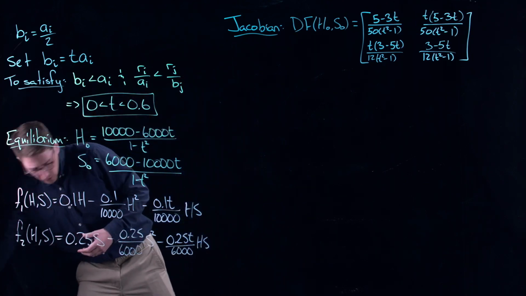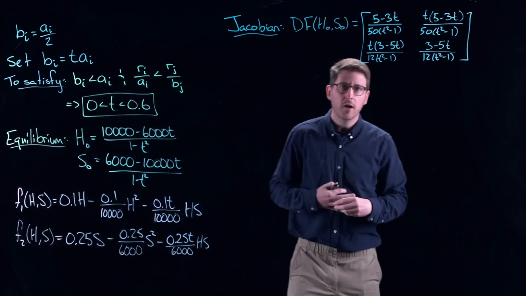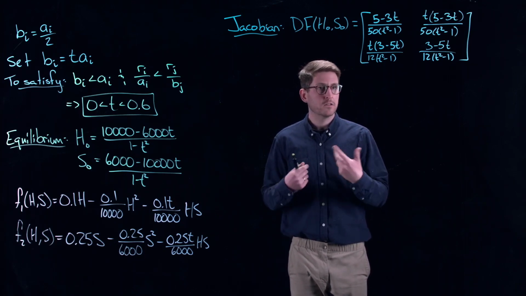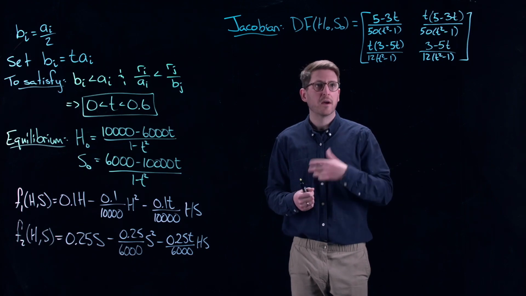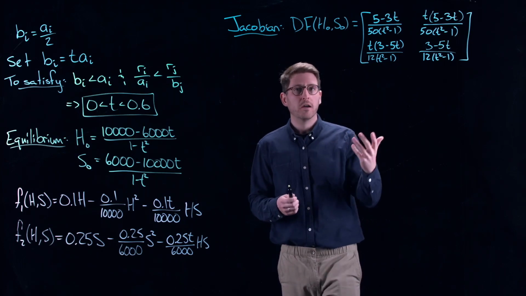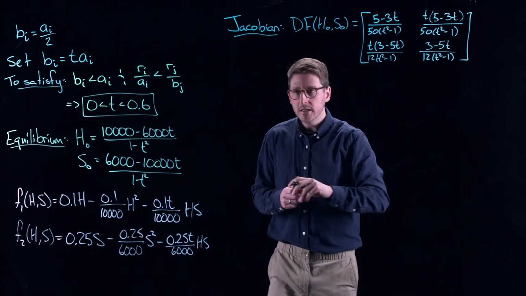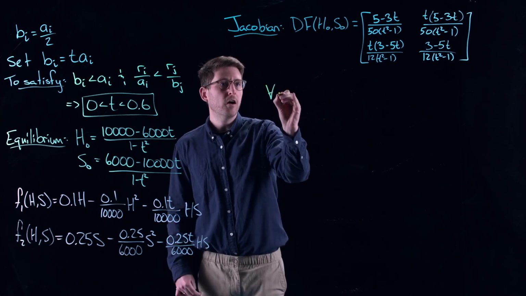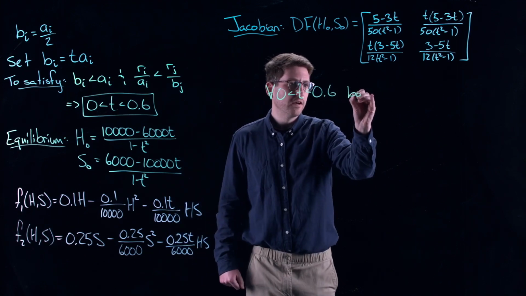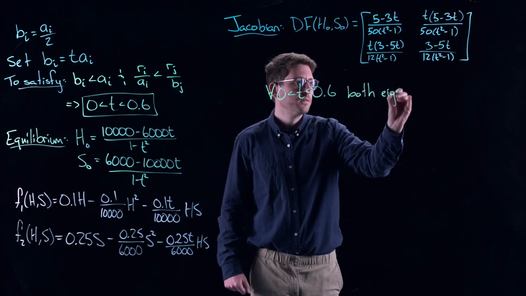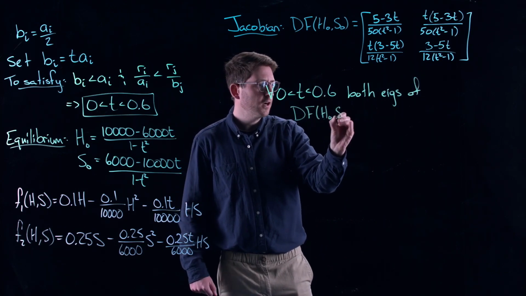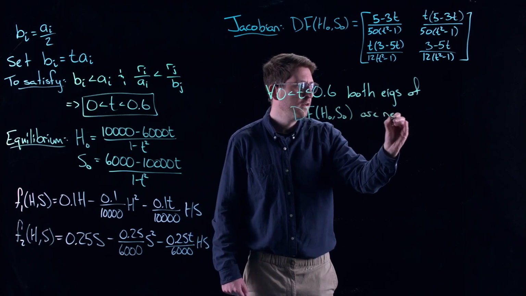But it's nothing too hard. This is nothing beyond the computational power of really simple to use products like Maple, Mathematica, MATLAB. They can all compute the eigenvalues of this thing, and they can spit out all kinds of information. In particular, we find that for all t between 0 and 0.6, both eigenvalues, there are two of them, of this matrix at h0, s0, are negative.